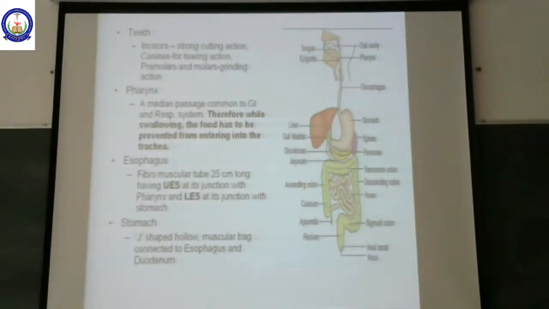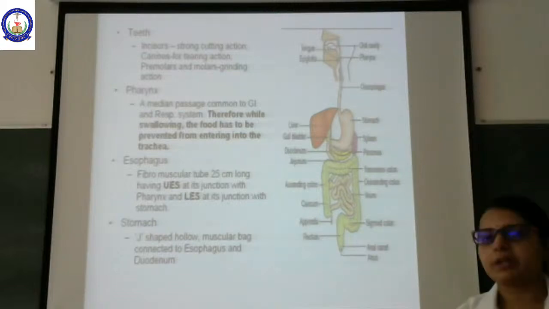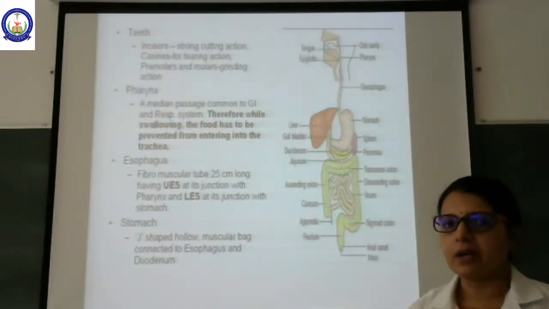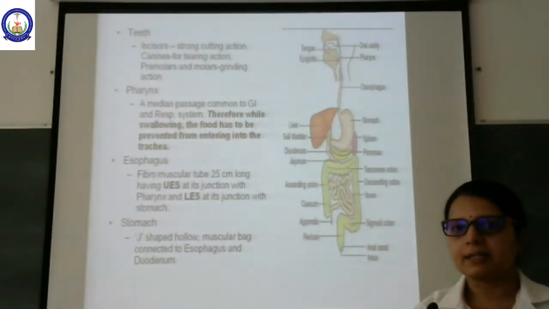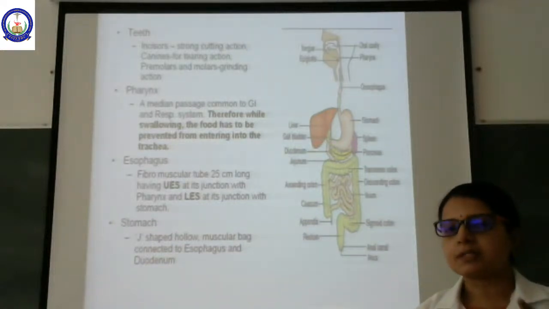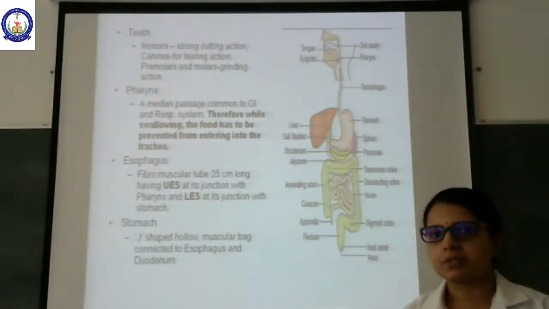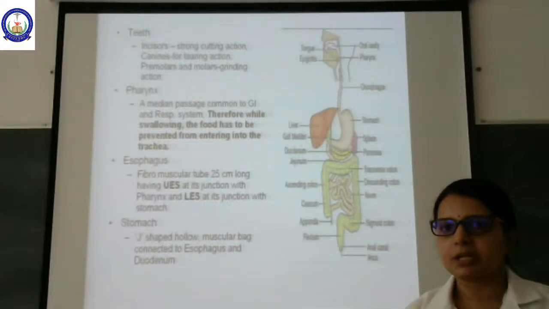Because of it, when we are swallowing, there is every chance of food entering the respiratory passage, that is the trachea. You might have observed sometimes when you are talking and eating, suddenly you will start coughing. Okay, that is because the food has entered into the trachea, that is the respiratory passage.